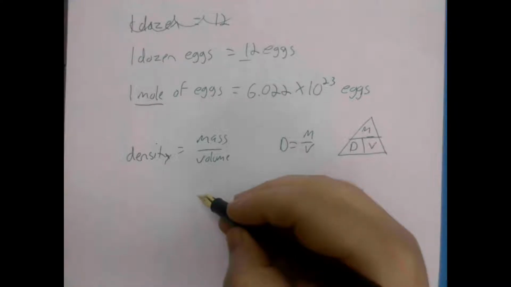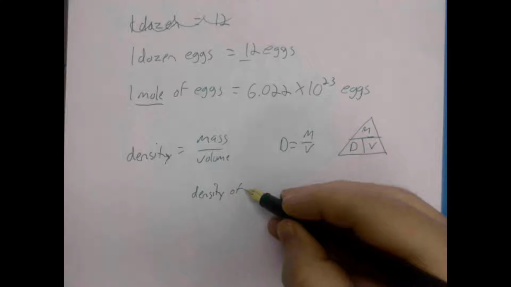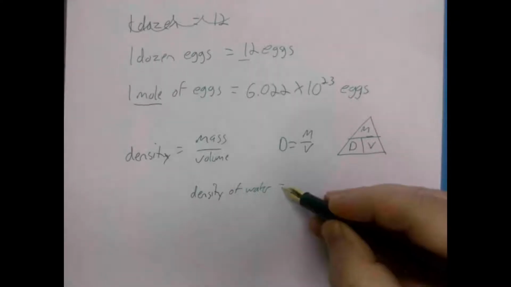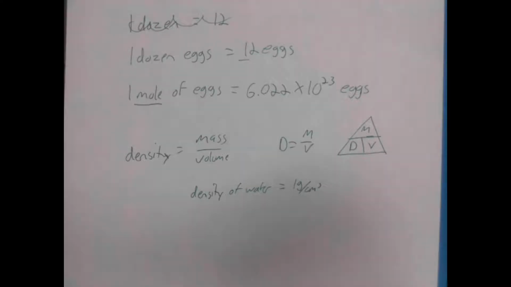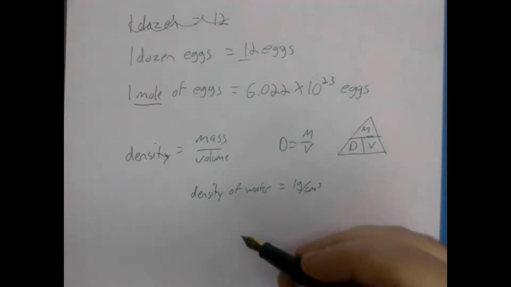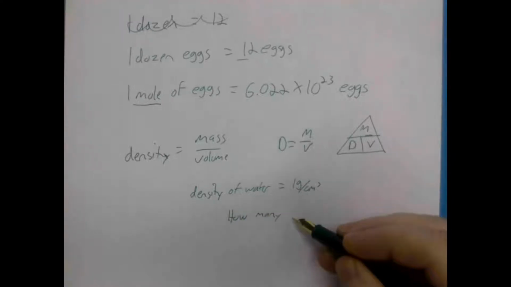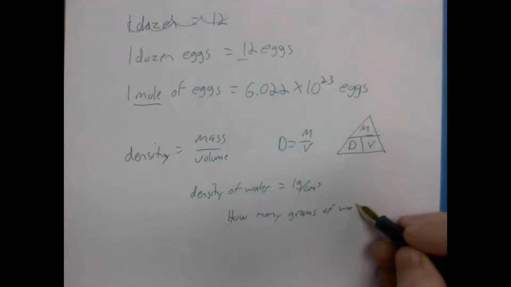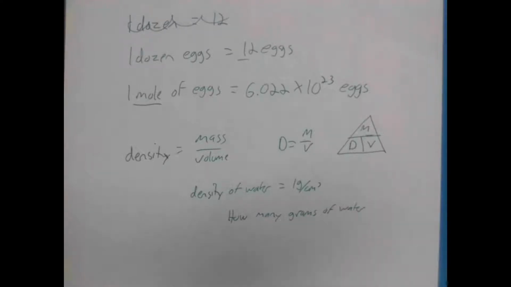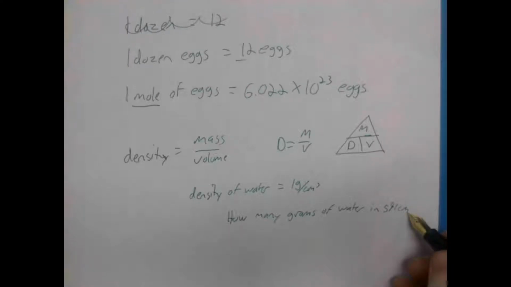So if the density of water is equal to 1 gram per cubic centimeter, how many grams of water is in 591 cubic centimeters?